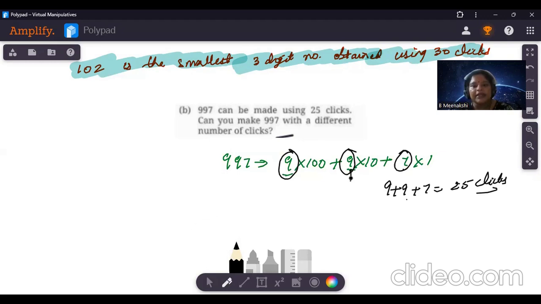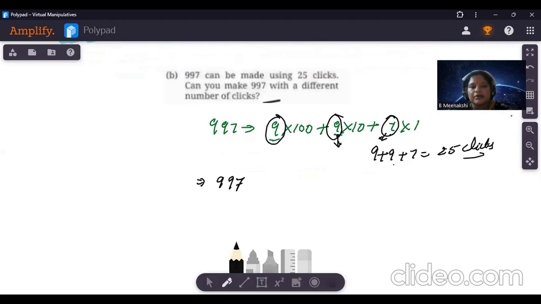Now, we need to alter this part. They have just asked, can you make 997 with a different number of clicks? They have not mentioned only a smaller number of clicks or a greater number of clicks. So I'm going to show you two such expressions. I'm going to reduce this to 9 into 100 plus 8 into 10.